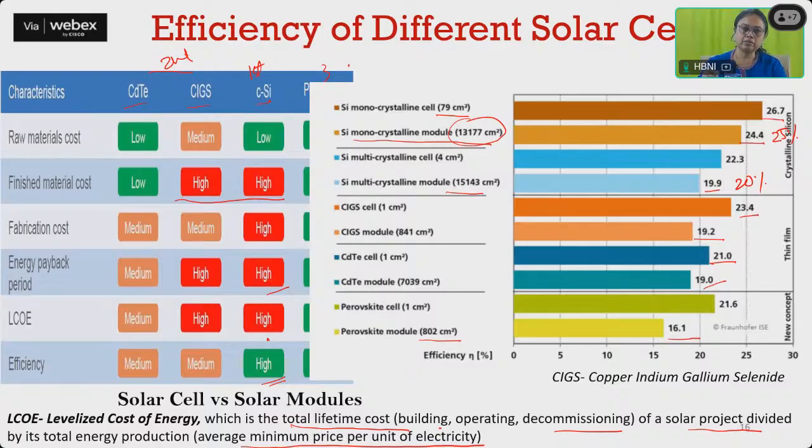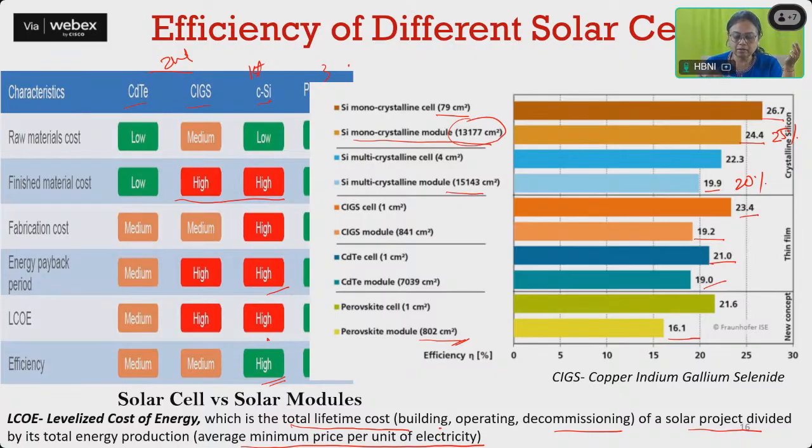Why am I talking about area, and why is it important? Because we are trying to harvest solar energy, we require a large area. Panels have to be of larger and larger area so that you can absorb more and more solar energy.